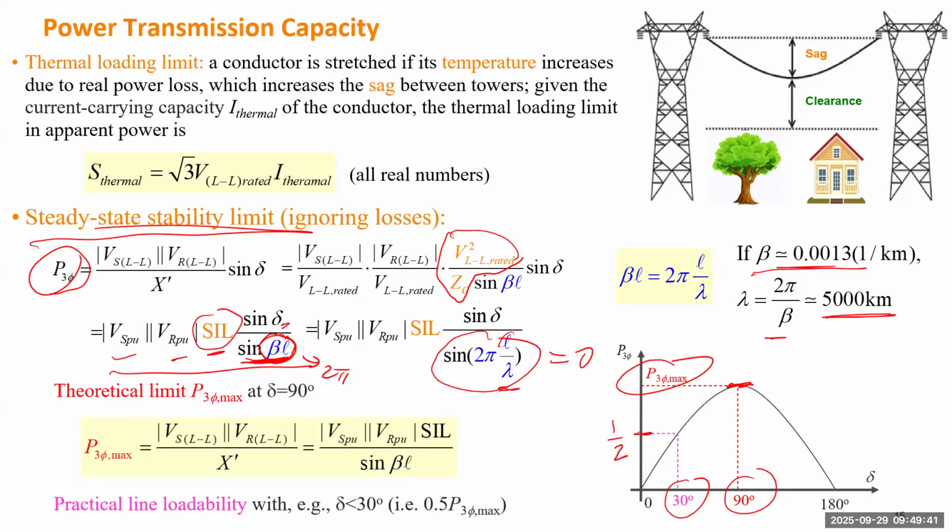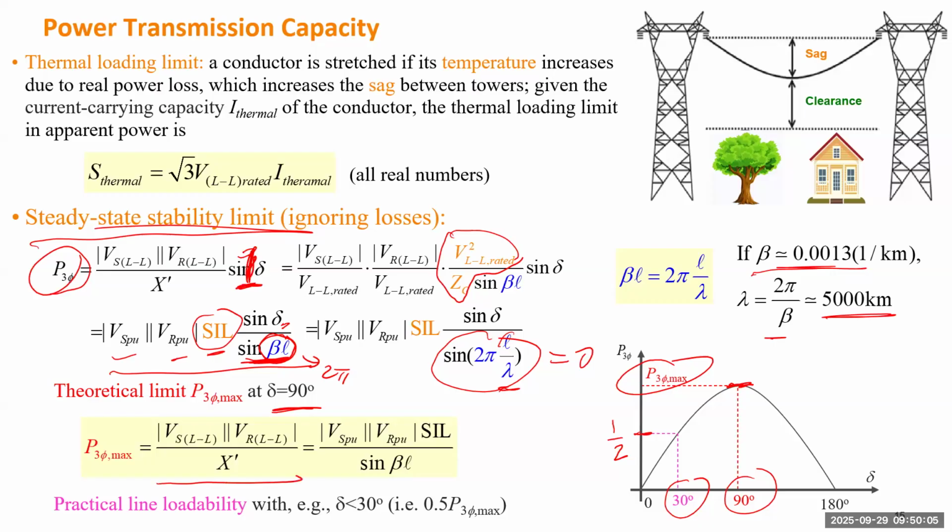Okay, so we just defined the theoretical limit of the three-phase IT power as the power at 90 degrees, when the angle takes 90 degrees. So we'll just replace this sine delta by 1.